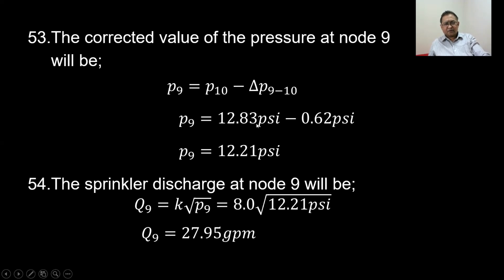So 12.83 minus 0.62, P sub 9 will be equal to 12.21 psi. So from this value, we can now solve the sprinkler discharge at node number 9 to be 8.0 times the square root of 12.21. The result for the sprinkler discharge at node number 9 will be 27.95 gallons per minute.